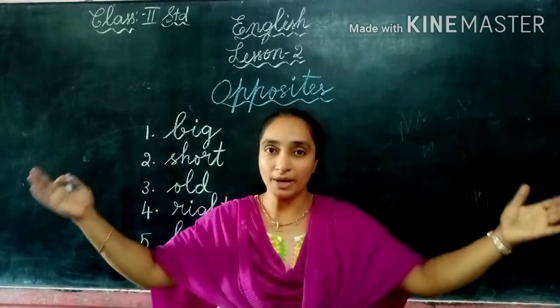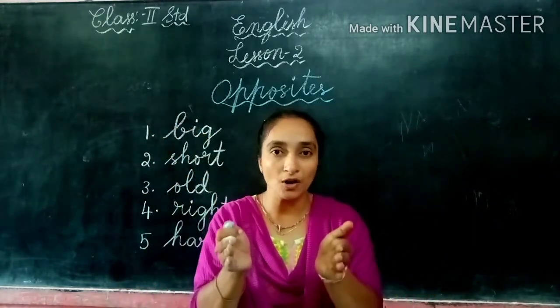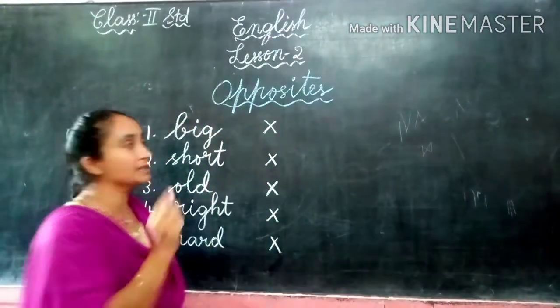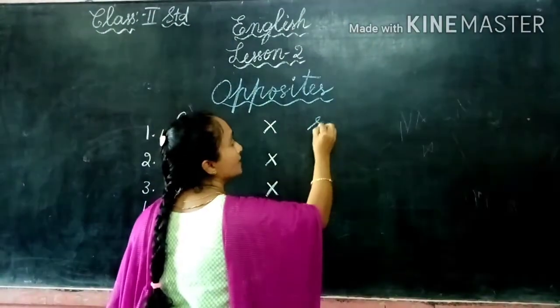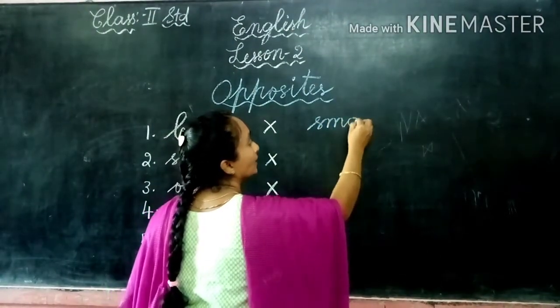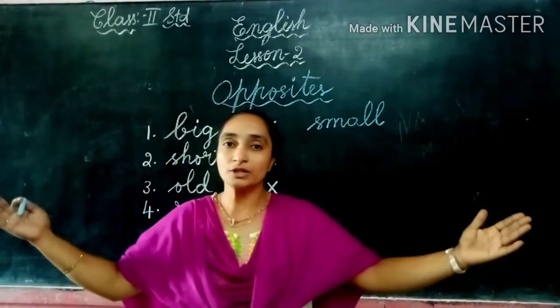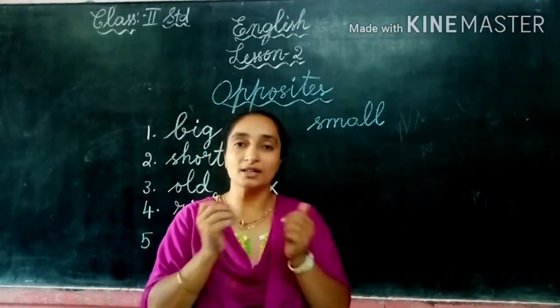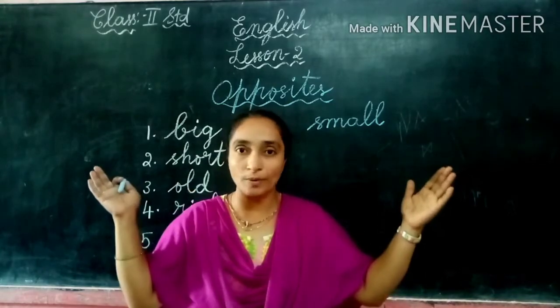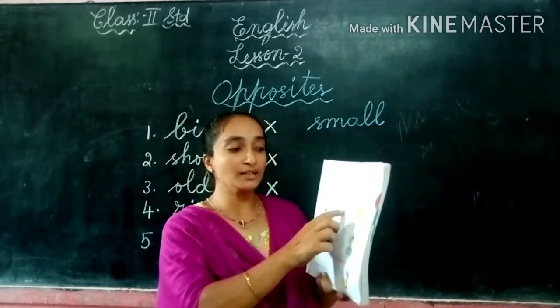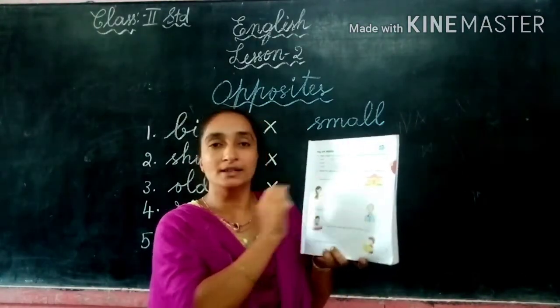Yes. Big opposite is small. So here we can write, children, the opposite of big is small. S-M-A-L-L. Small. Sarah's house was not so big. It is small. Yes. So the first answer they have already given in the blank, small.